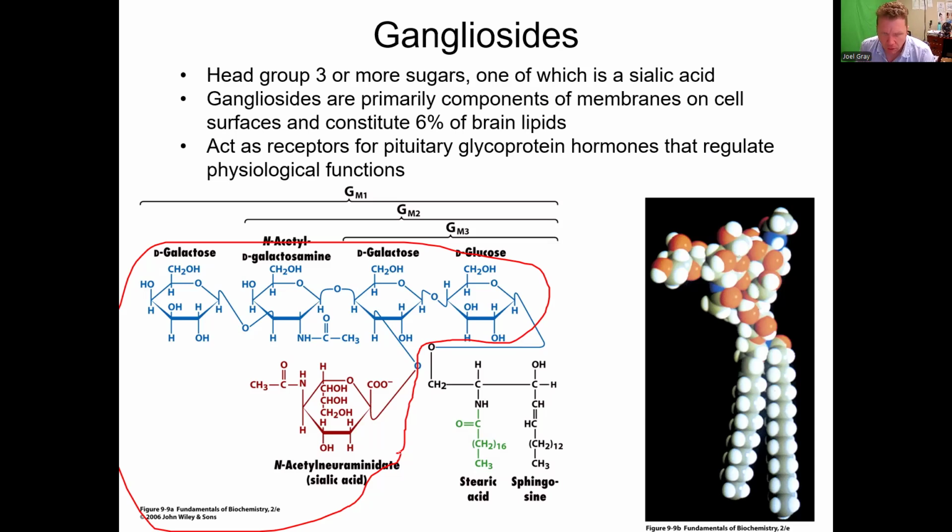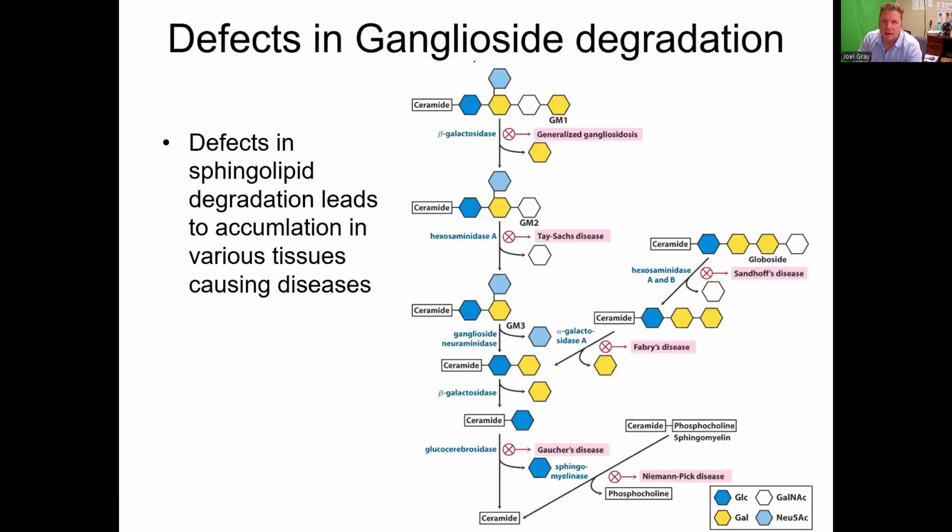Now, this ganglioside, we're going to look at in the next slide, because this molecule is a big part of brain cell membranes and brain development. Here we have the process by which a ganglioside is degraded.